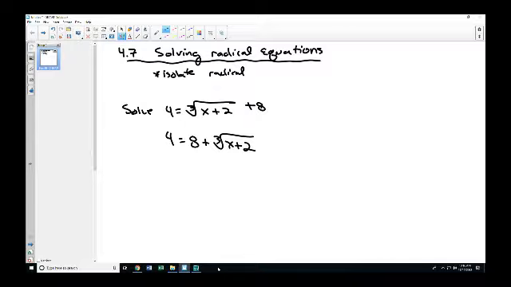So if I need to isolate that radical, how do I move the 8? Subtract it.